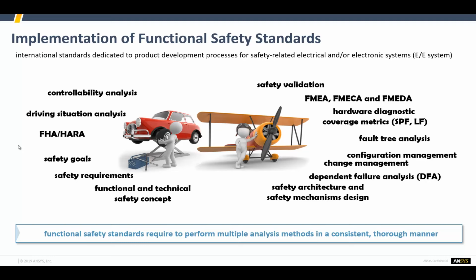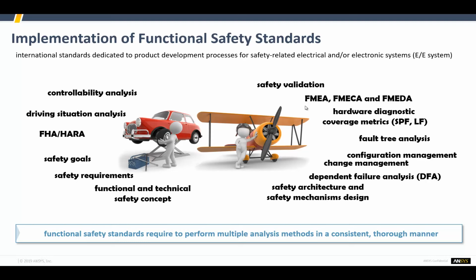These concepts are supported by safety architectures and safety mechanism designs, which we are doing in great detail. And then we have a variety of analysis methods, each focusing on a specific aspect of our system. We talk about methods like FMEA, FMECA, FMEDA, for example.